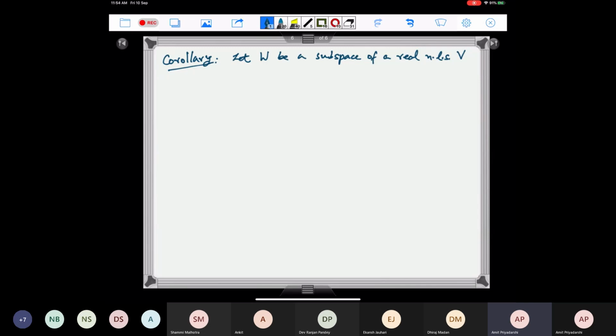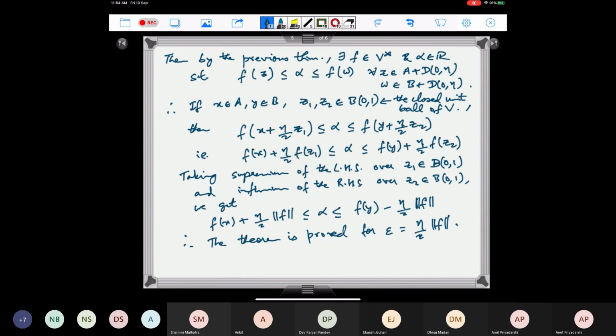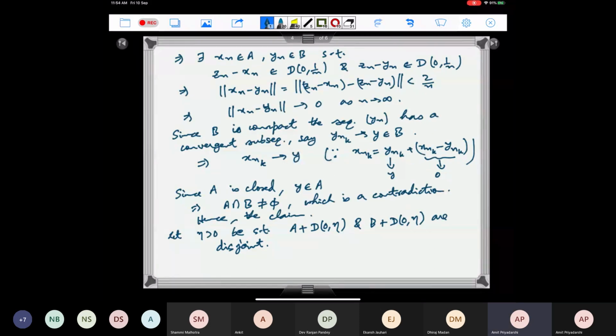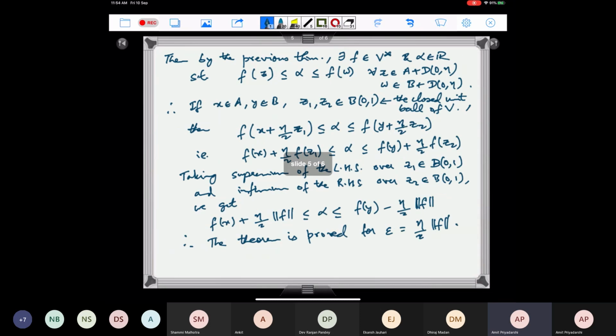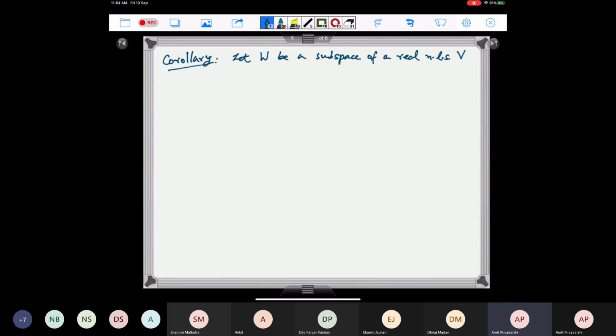You can have versions of these things for complex normed linear spaces. In that case, this f(x) less than or equal to alpha, you can replace by the real part of f. Again, I am not doing those things. Maybe I may give them as tutorial problems for you to try.